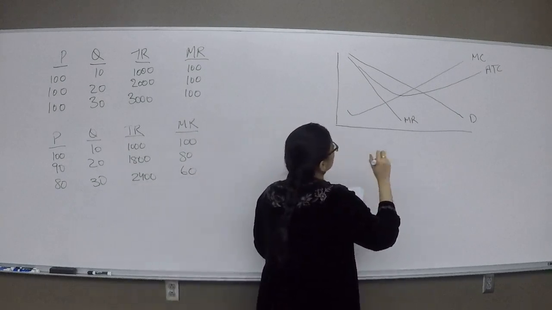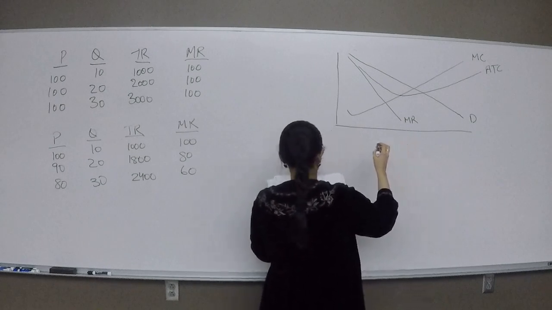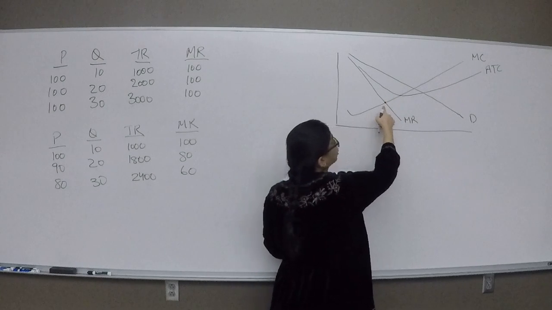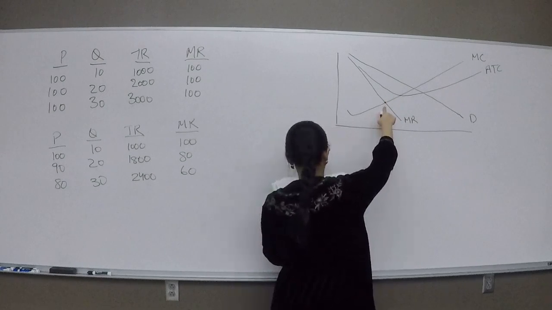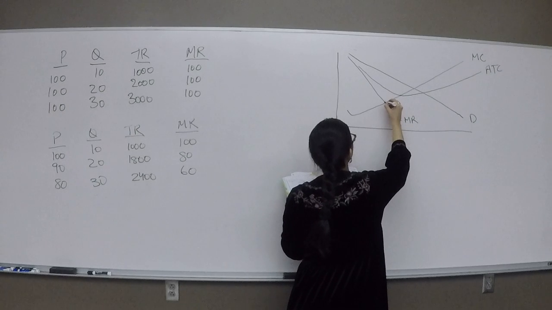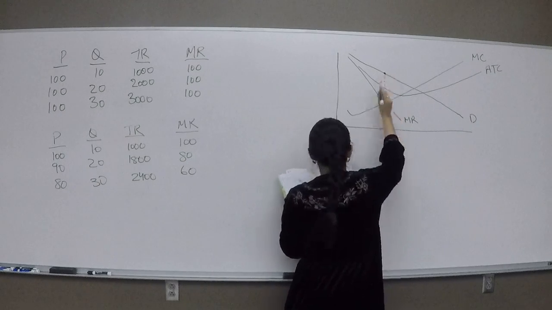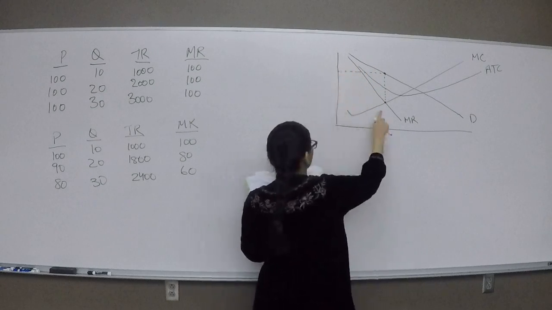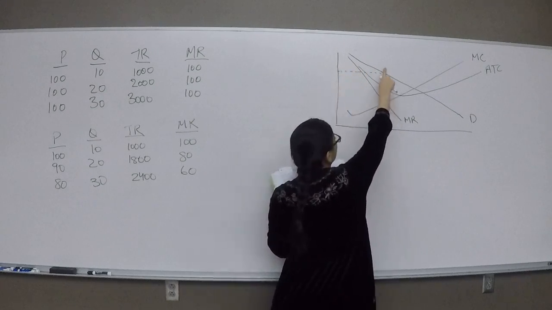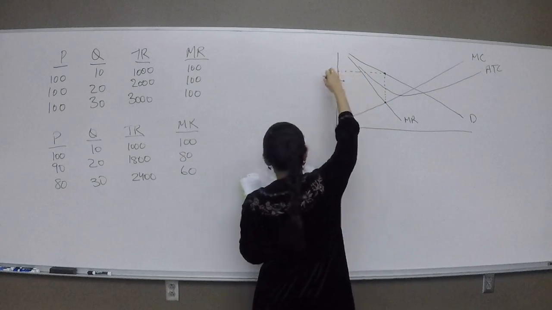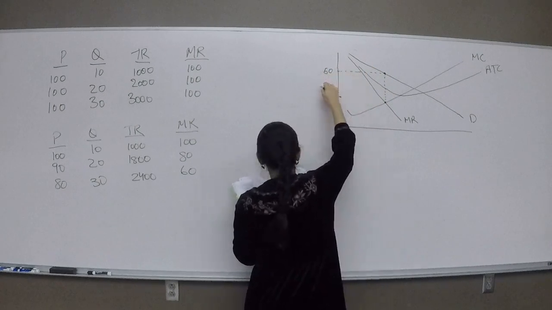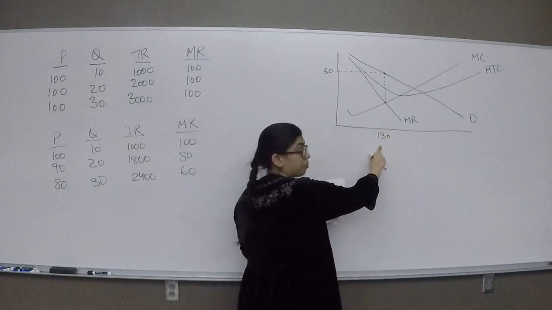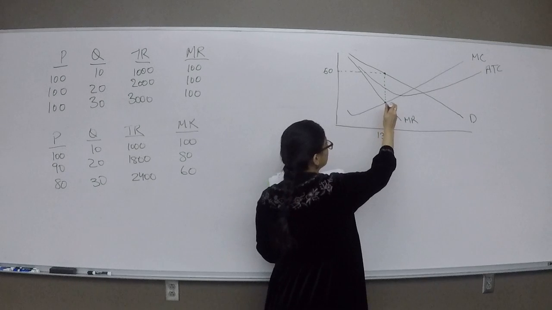Now, marginal revenue and marginal cost are equal at this point. We're going to start from here, go directly on top to the demand curve. Quantity, the profit maximizing quantity is 30.